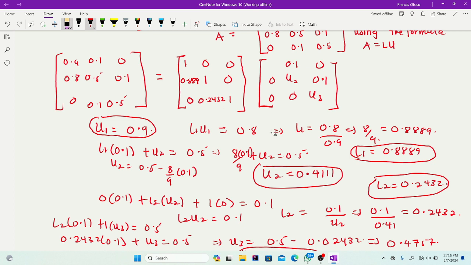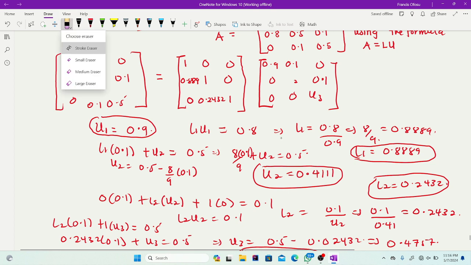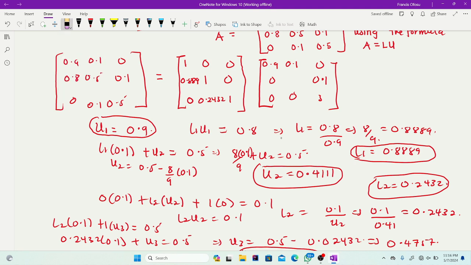Then I have U2 to be 0.4111, right? Let me clear U3 as well.